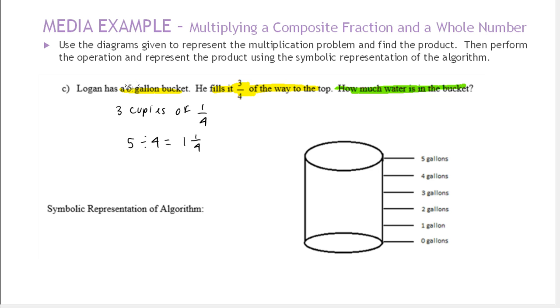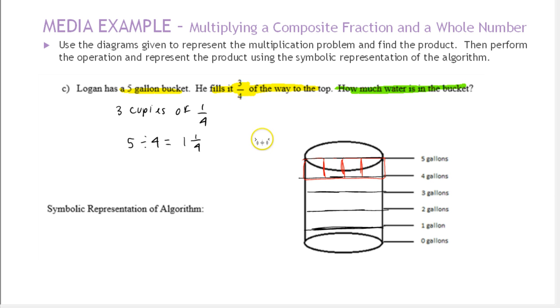Now, let's draw this picture again. We broke up the gallons by 1, and then we took this last one, let me do this in a different color, and broke it into 4 pieces.